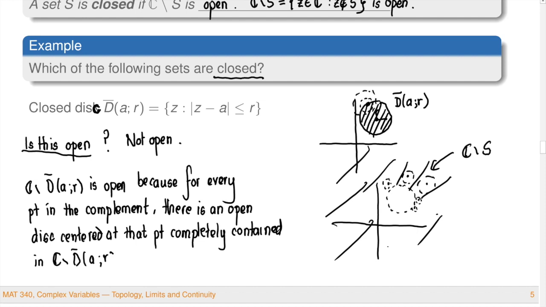The wonderful thing is, a closed disk is closed and an open disk is open.